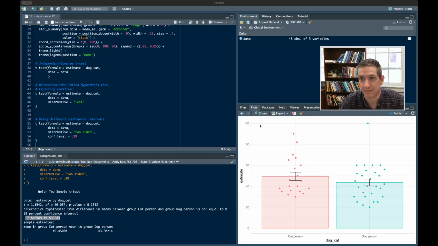But of course, the reason it does that is because it's less informative. It's less specific because it's such a wide confidence interval. So the point for now is just that this is where that option lives if this is ever something that you need to specify. So that is how you do directional one-tailed hypothesis tests and how you update the confidence intervals for t-tests in R. See you next time.